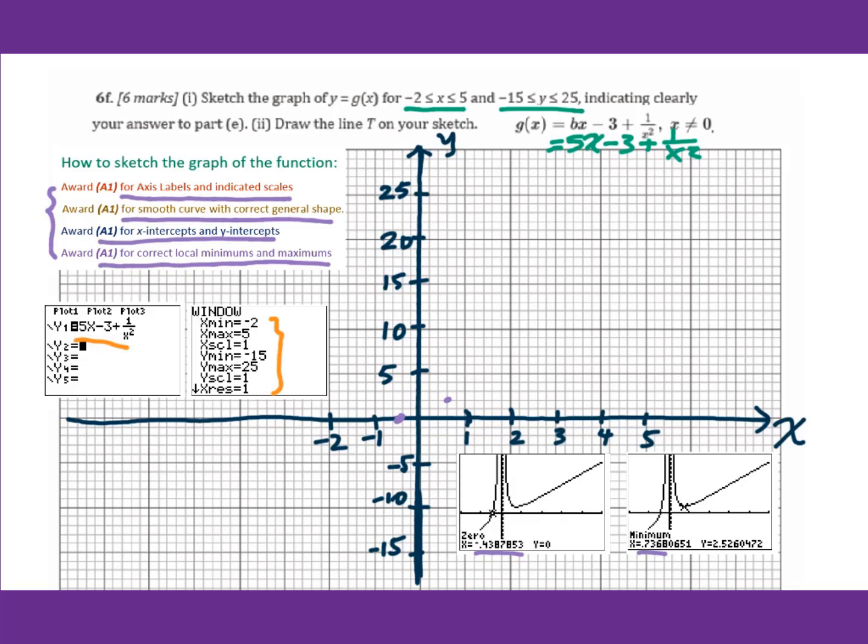Just estimate over here. Sketch the graph like this. As we know, the y-axis is a vertical asymptote line, which means your graph gets very, very close but never touches.